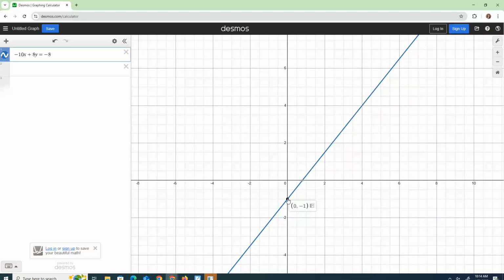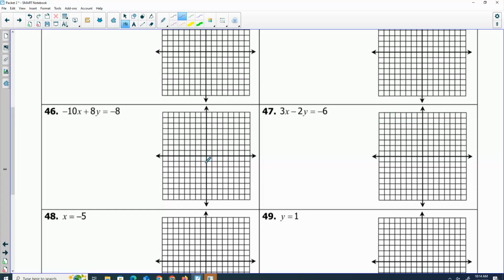You just need enough points that you can plot it on yours, so find a couple nice points, like 0, negative 1 is a point. You might have to try a couple. 0.8, 0, that's not beautiful, but we can get a point, or it looks like about 2, 1.5, or 4, 4 is a point. So you just have to get enough nice points that you could graph it from there. That is certainly an option as well. When in doubt, Desmos will work. You just need a couple points, so 0, negative 1, 4, 4, and then we have our line.